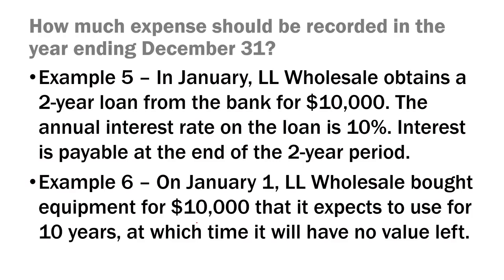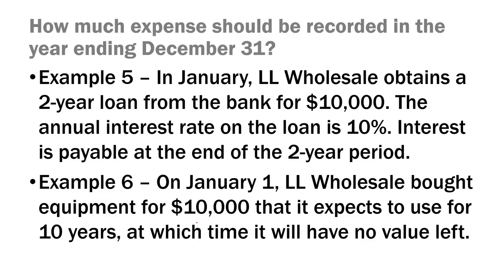However, it must record an expense for a year's worth of interest, or 10% times $10,000, or $1,000, as of December 31st, because that's a cost that was incurred to help generate revenues for the period. So it would record an expense, and it would record a corresponding liability at December 31st to capture that $1,000.